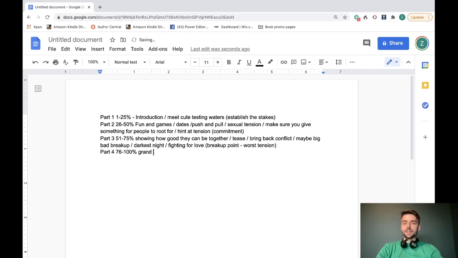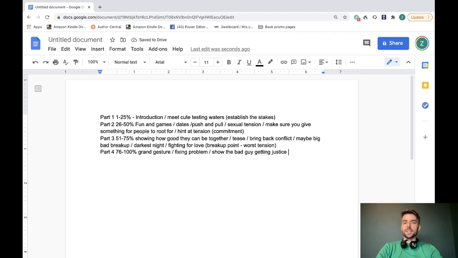And so this part is a grand gesture, fixing the problem, however you want to think of it. To me, this is the easiest part of the book because everything's all set up and there's not really much more choice anymore. You created a bunch of problems and now you're showing the solutions. So he's apologizing to her in a way that she finds compelling, and then you show the bad guy getting justice.